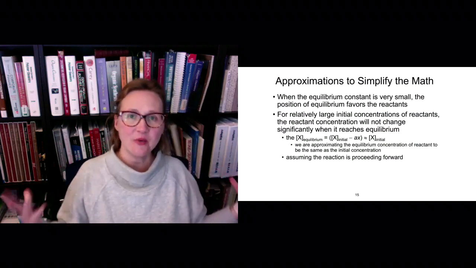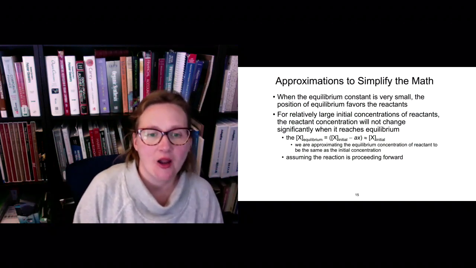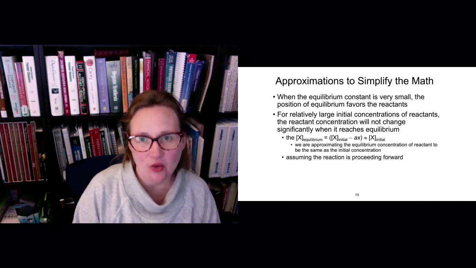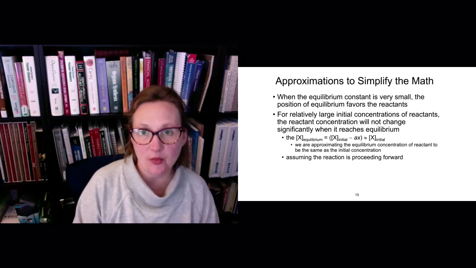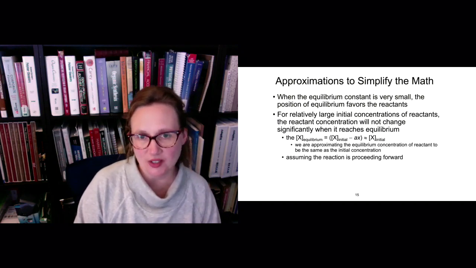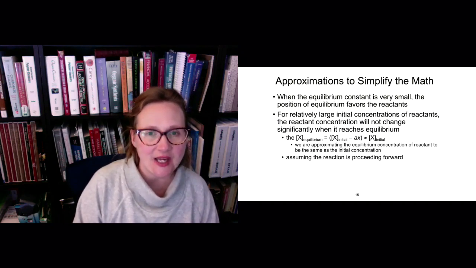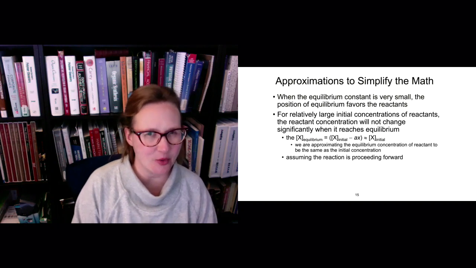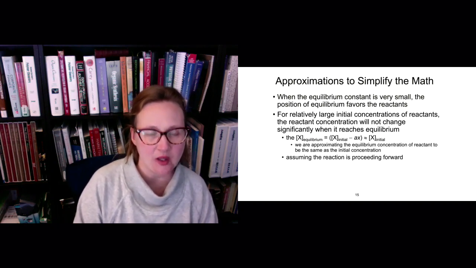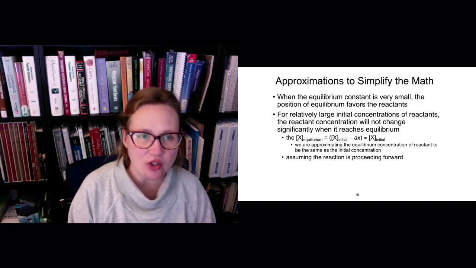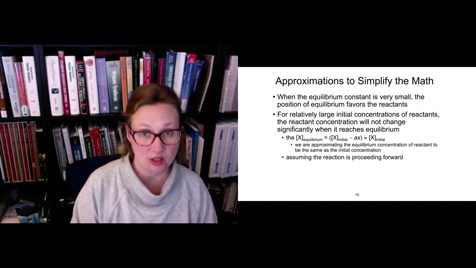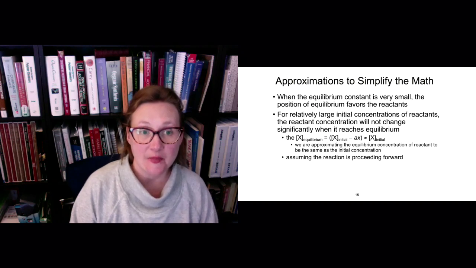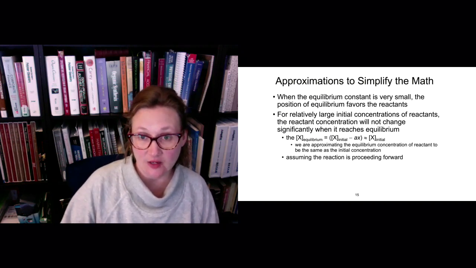All right, so the moment you've all been waiting for: the quadratic equation is a pain in the butt. Are there times when we can just approximate in order to simplify the math? The answer is yes, but we have to know when to do it. We can usually simplify the math when the equilibrium constant is really small and the position of the equilibrium favors the reactants.